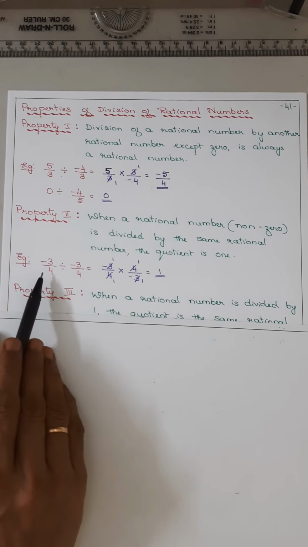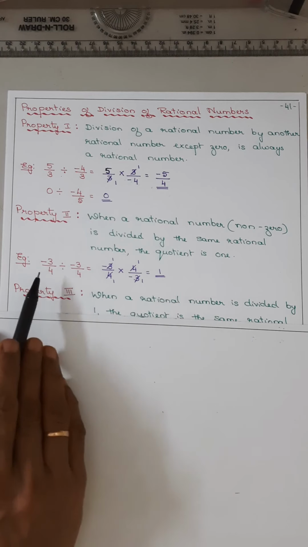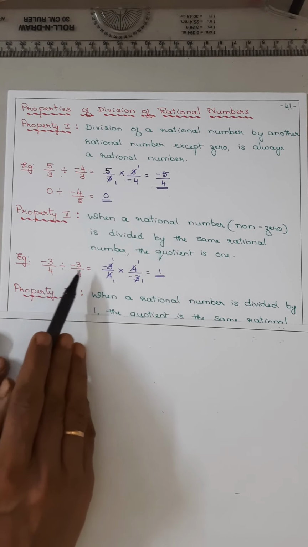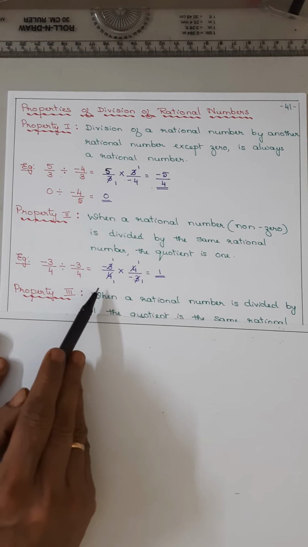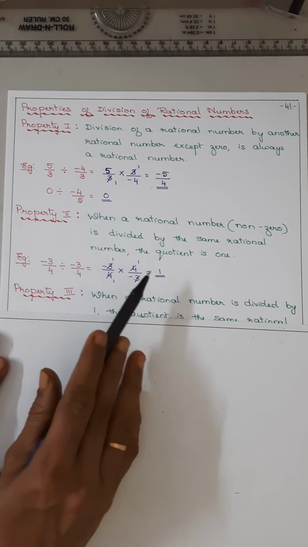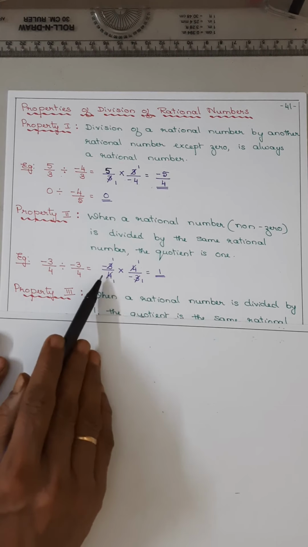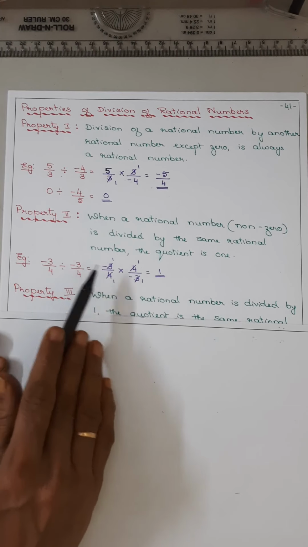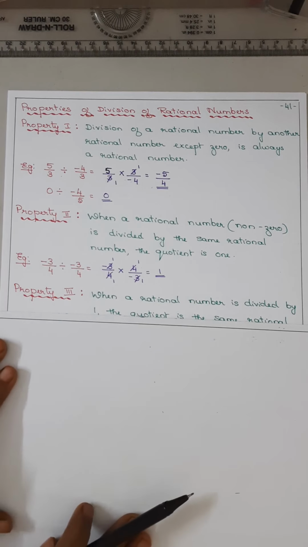So any rational number divided by the same rational number gives the answer 1. So minus 3 by 4 divided by minus 3 by 4. First is minus 3 by 4 into the reciprocal, so it becomes 4 by minus 3. So 3 ones are 3, 4 ones are 4, minus minus becomes plus. That's why it is 1.